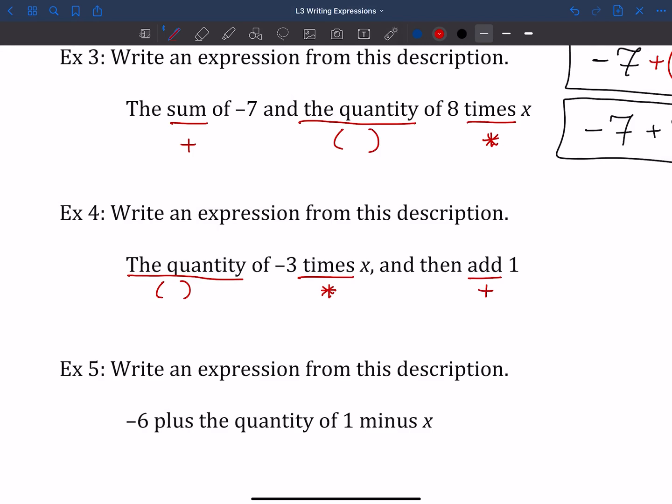So again, the phrasing of this tells us where things should go. We've got the quantity of, and then this stuff that comes right after it, 3 times x. So you can think of that going in the parentheses like that. So that's where I'm going to put it, 3 times x in parentheses. And then add 1. So we're going to add 1 on the end of it.